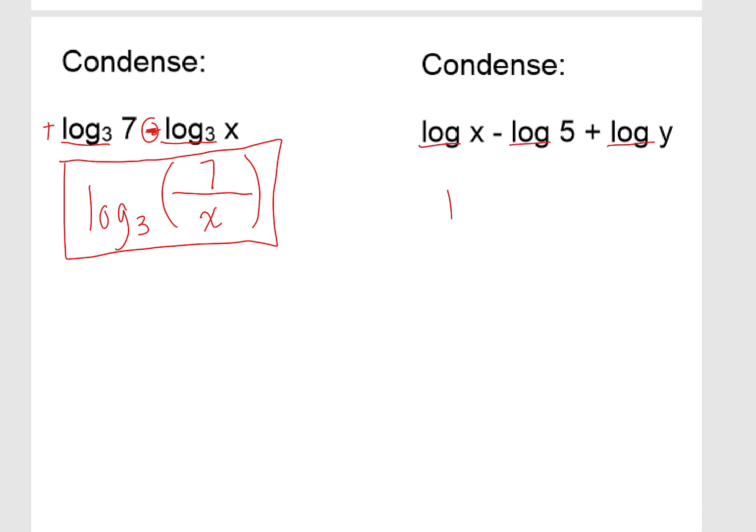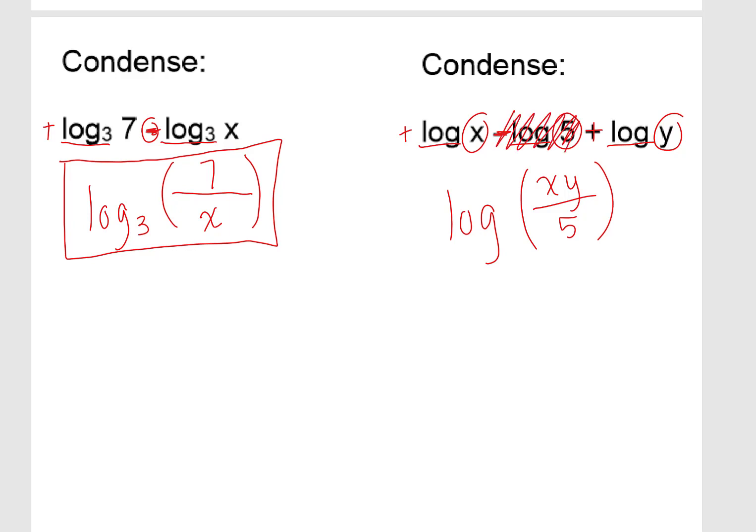Multiple logs, condensing down to 1. Whatever is positive, this log was positive, but so is this one. So that will go up top, and then whatever was subtracted would go at the bottom. Now watch, if this wasn't in the mix, then I would have the product rule, right?